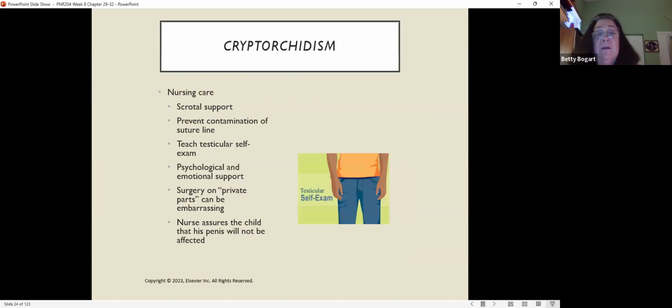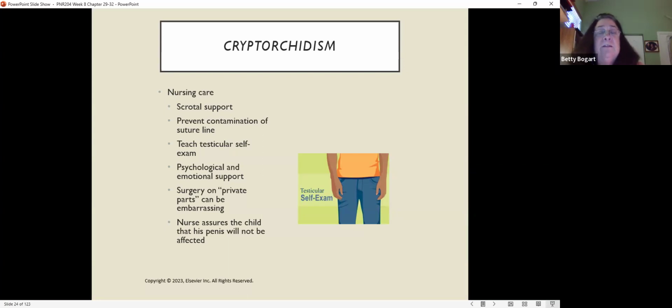One of the things we can do is that scrotal support. After they do surgery, sometimes they've got to bring it down, and it gives that support while it's healing. Of course, that suture line is right there by the anus, and the anus could have E. coli. So being aware.